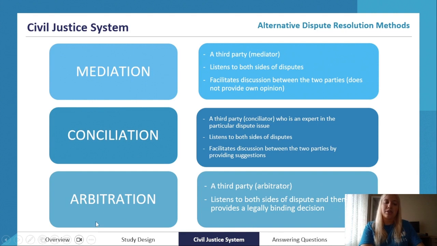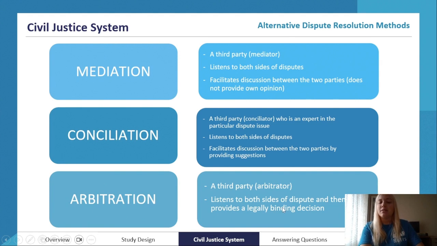Now, arbitration is the last one. Arbitration is very similar to a court hearing. It's just slightly less formal and it's a lot shorter than a court hearing. So, arbitration uses a third party called an arbitrator, which is also an expert, a legal expert.